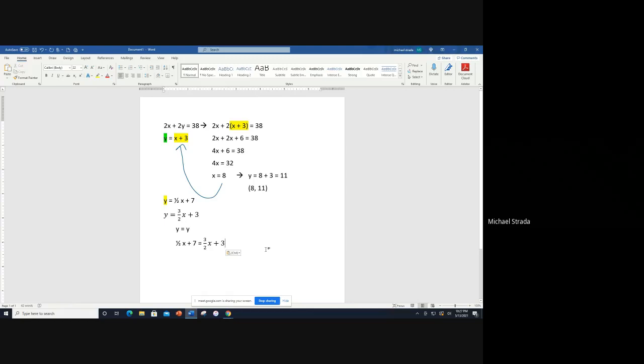Now, if you don't like fractions, you look at your denominators. They're both 2, so you're going to multiply everything by 2, on both sides of the equation.